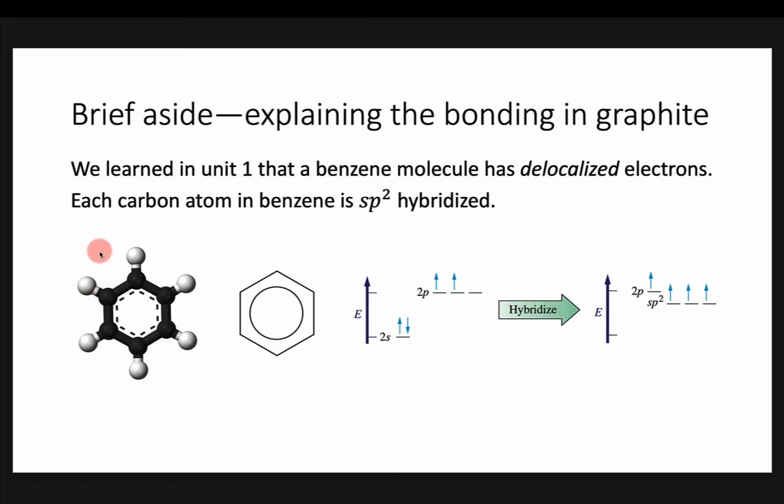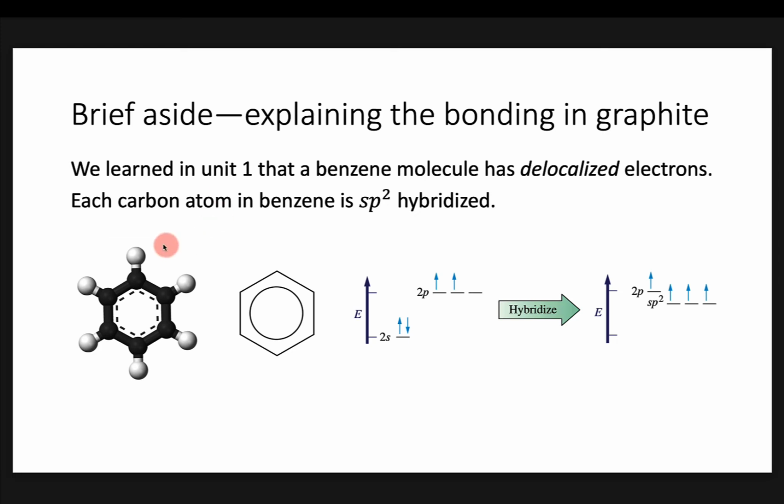Well, to answer that question, I think it's helpful for us to return to a molecule that we have seen already. In Unit 1, we saw that benzene is kind of a unique molecule because it has delocalized electrons. And I'm returning to our benzene molecule because if we can understand what's happening to the electrons in benzene, we can understand what's happening to the electrons in graphite.